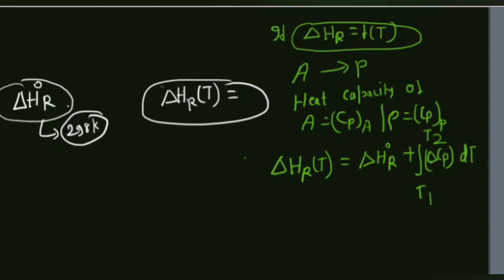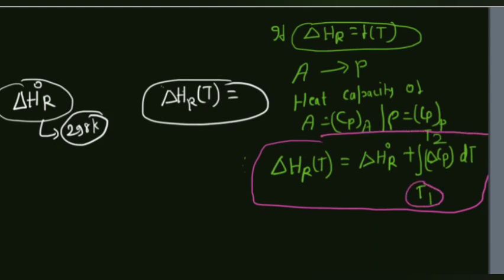Meaning if the enthalpy of reaction varies from temperature T1 to T2, and you know 298 Kelvin as your T1, then from here you can calculate at a particular temperature T2, and that will be the enthalpy of reaction at temperature T2. I think it's very clear to all of you.